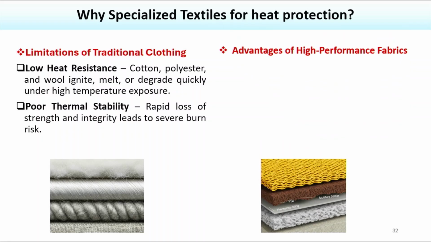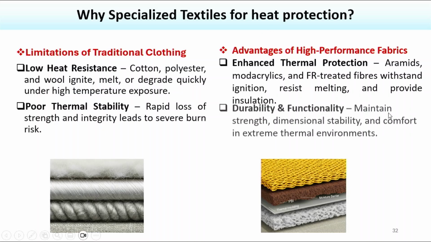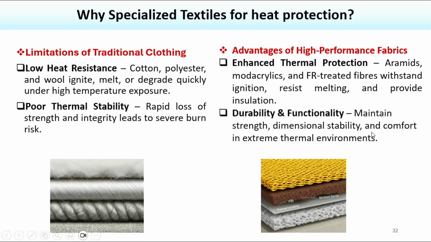Now, advanced fibers are replacing these traditional fibers. Advanced high performance fabrics provide enhanced thermal protection. Initially it was low thermal protection, then enhanced thermal protection like aramid, modacrylic, fire retardant treated fibers withstand ignition, resist melting and provide insulation. This type of advanced thermal protection is required, and they are durable.